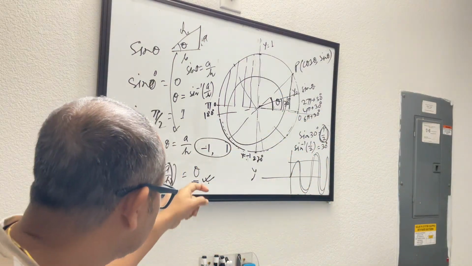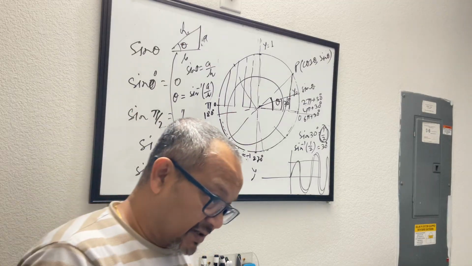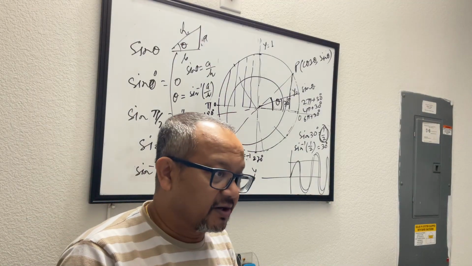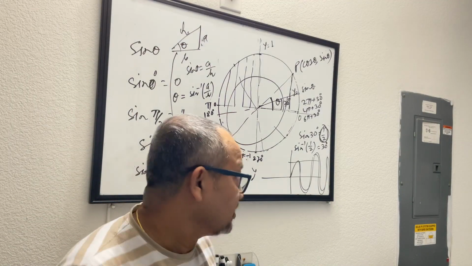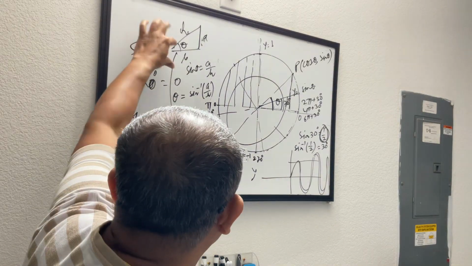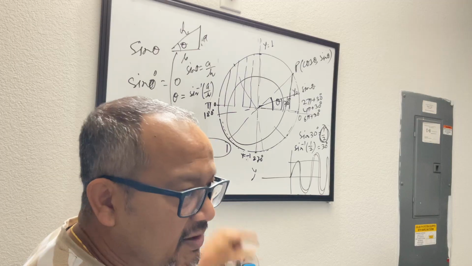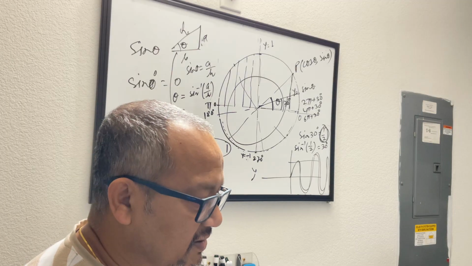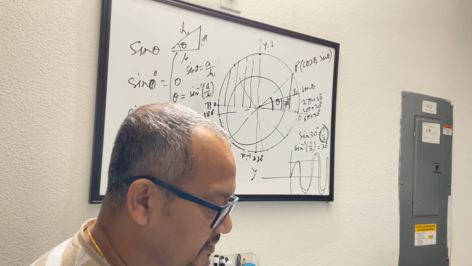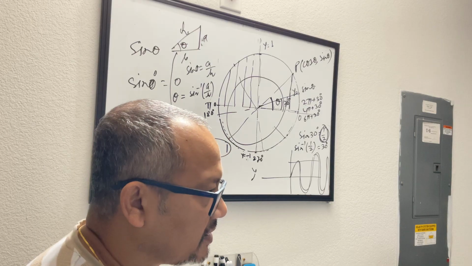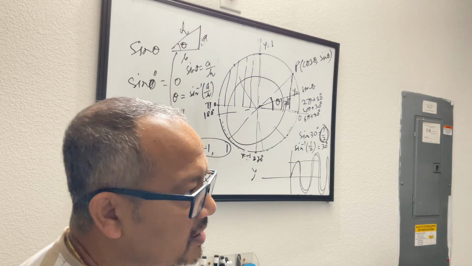So that's where you have to define your boundaries when you are talking about inverse functions, because one value of sine theta would give you multiple angles. So we would have to restrict the function till 360, right?